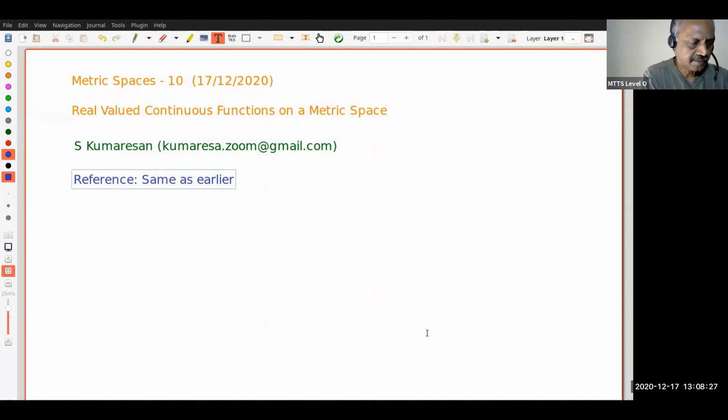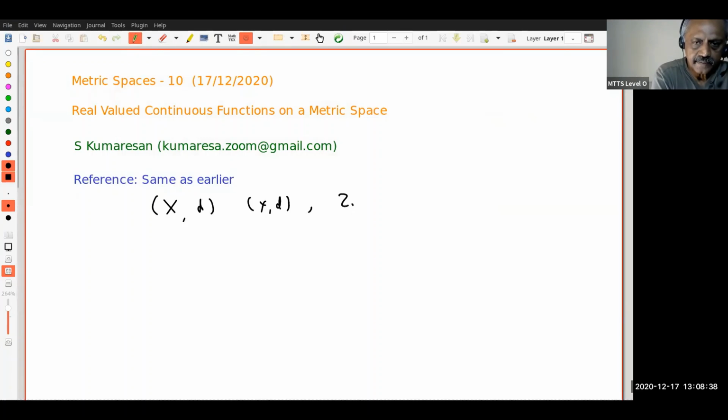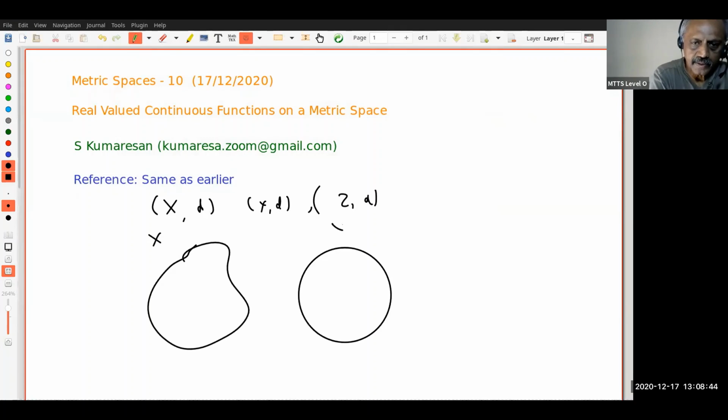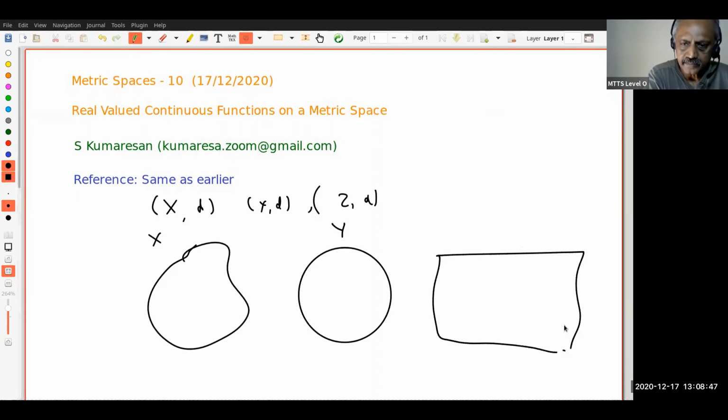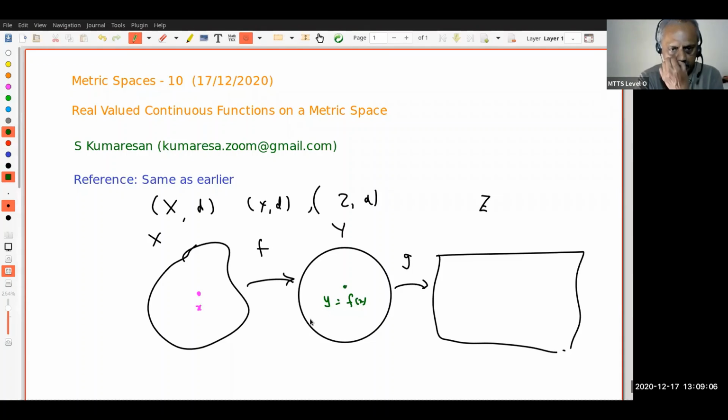Okay, the fact we want to talk about is this. So I have metric spaces (X, d), (Y, d), and (Z, d). This is my X, this is my Y, this is my Z. So I have f from X to Y and g from Y to Z. I have a point x here, and a point y equal to f(x) here.